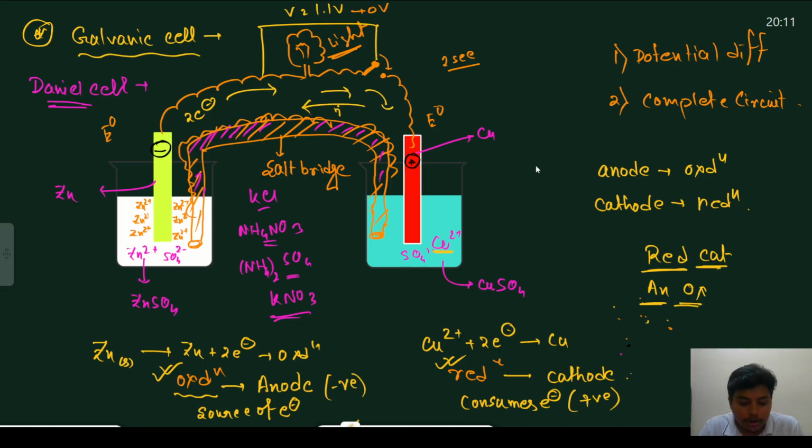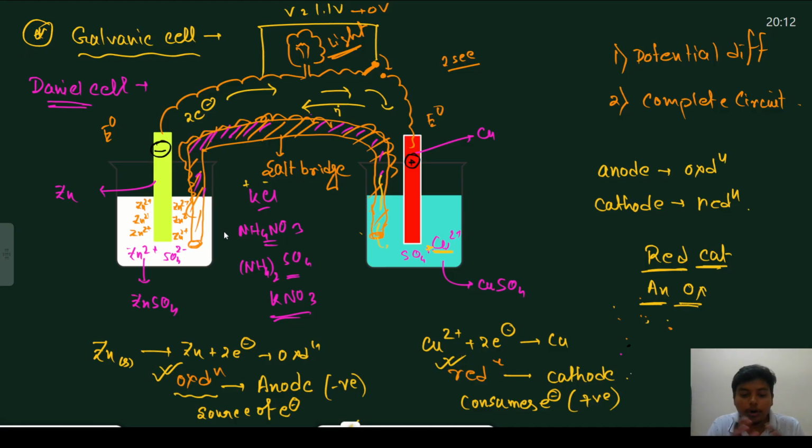Why do we use this salt bridge? What is the significance of salt bridge? First of all, understand why we use electrolyte. Because whenever electrical neutrality happens here, one of the ions, let's suppose you are using KCl, K plus and Cl minus, so Cl minus will go there and again change its electrical neutrality.